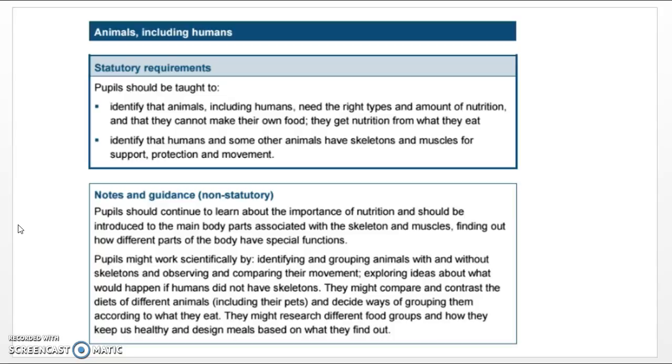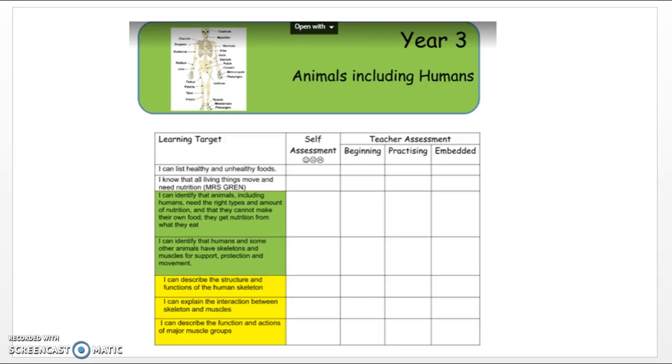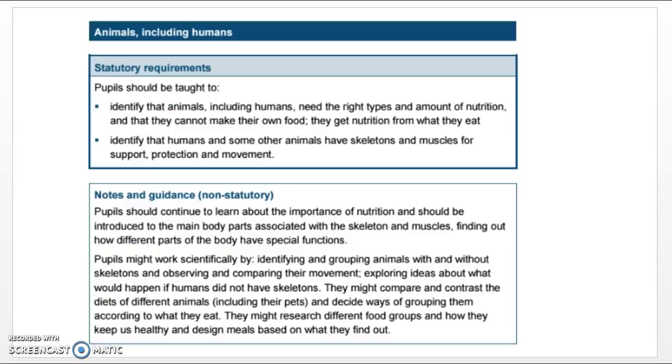Now, the exciting bit about this is that if I go to the Year 3 cover sheet, which I've given to Susie, your year leader, these areas here in green are exactly the same as the new national curriculum requirements.